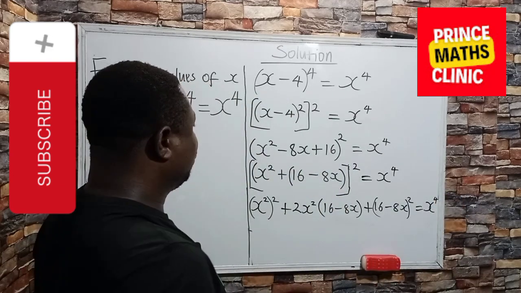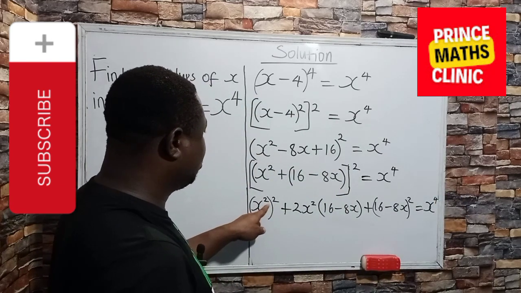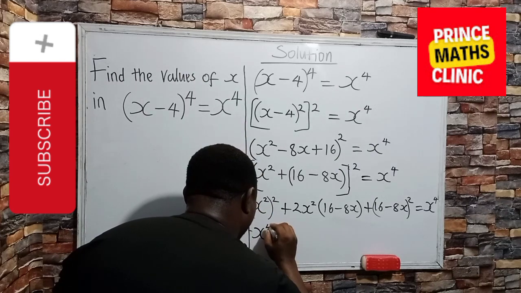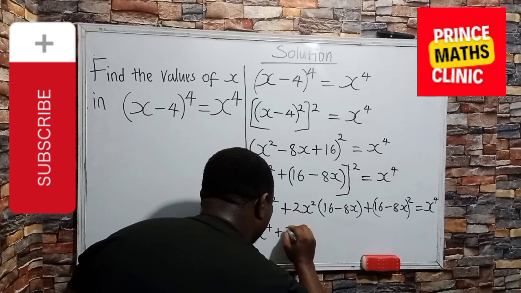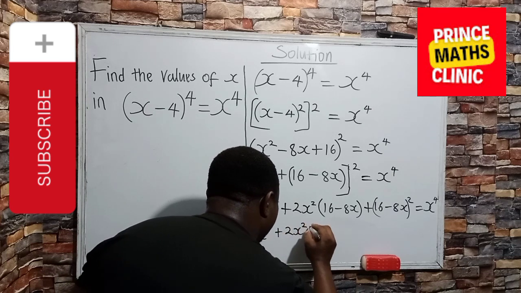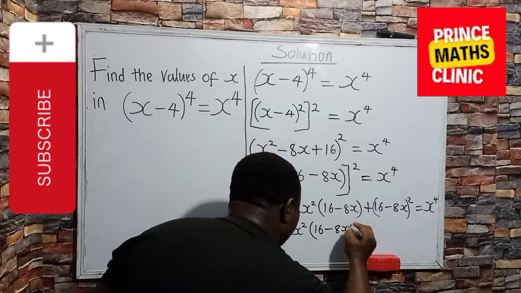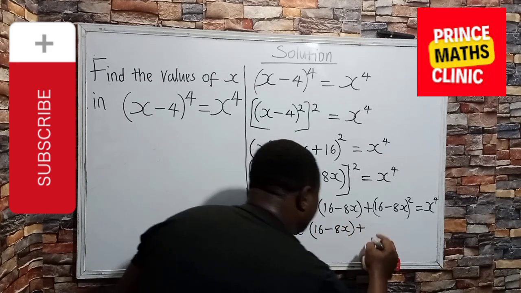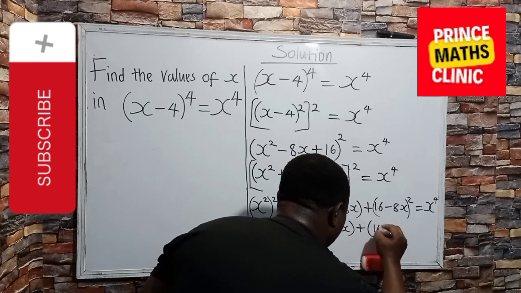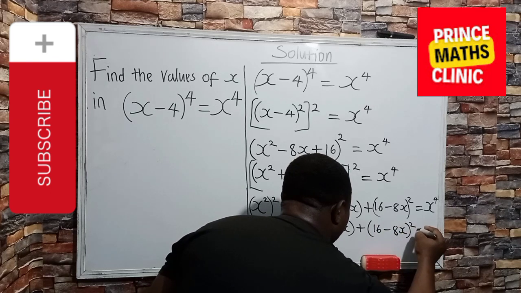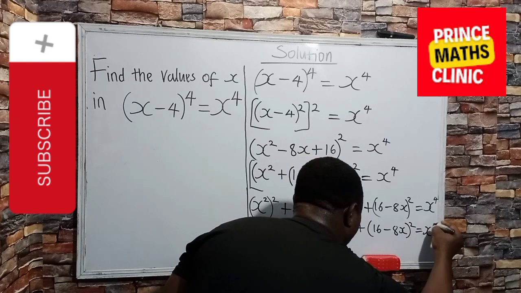Good. So if you expand this, this is 2 times 2, which is 4. This will give us x to the power of 4 plus 2x squared into bracket (16 minus 8x), plus (16 minus 8x) squared, equals x to the power of 4.